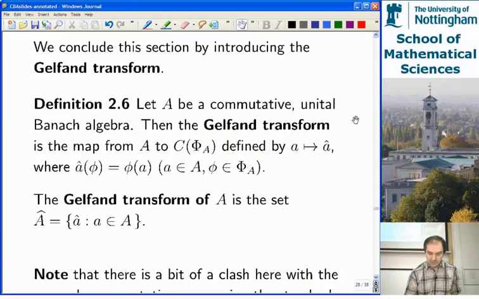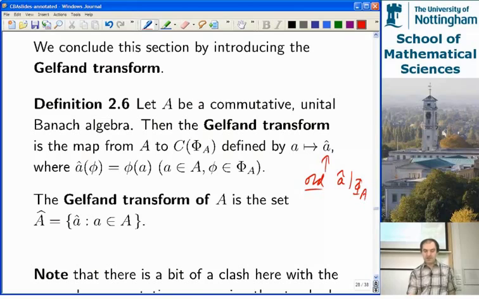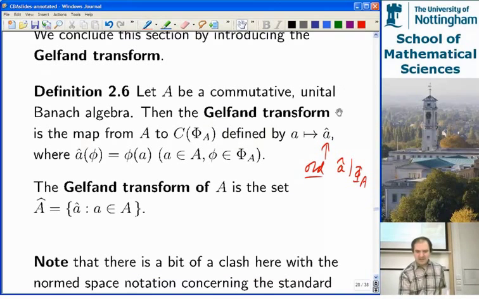It's used for the map from A to the continuous functions on the character space, which takes each a to a hat, that's the old a hat restricted to phi A. It's still evaluation at a, but it's only defined on the characters instead of on all the functionals. So the map is called the Gelfand transform.